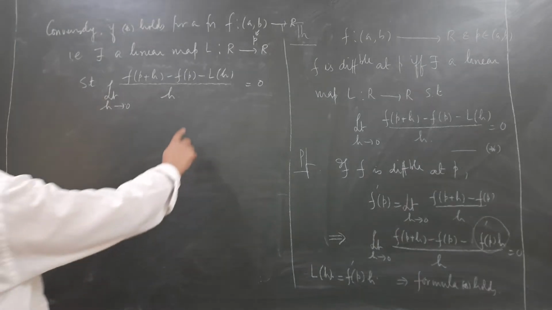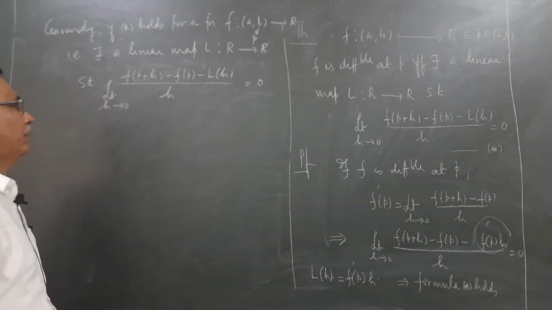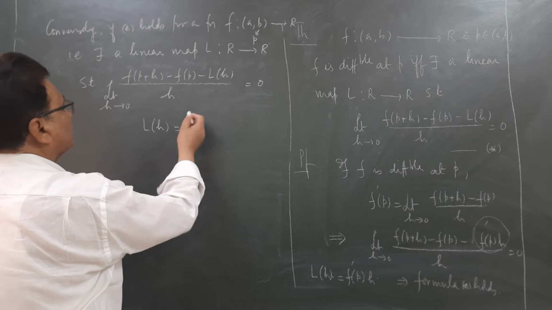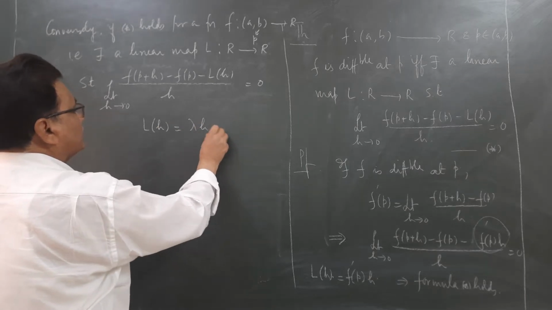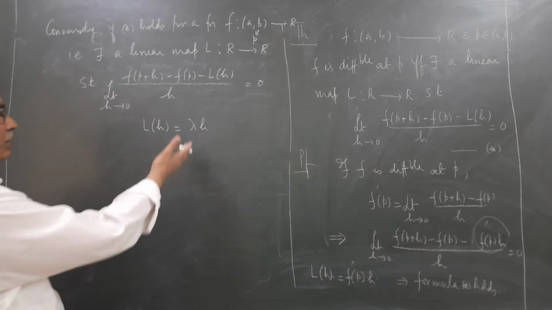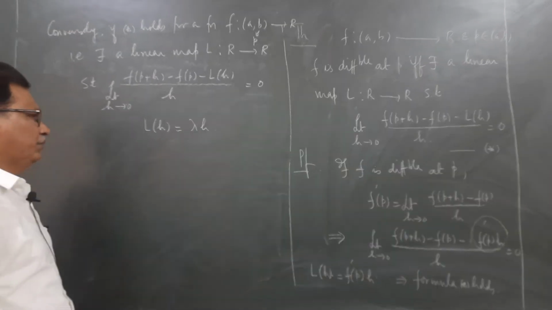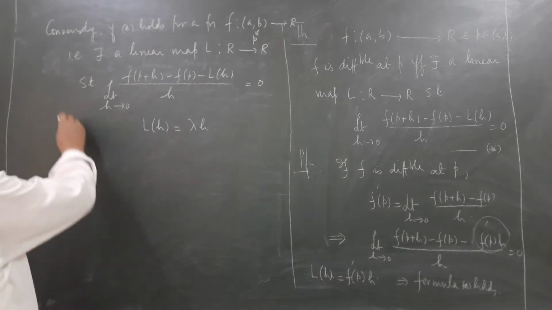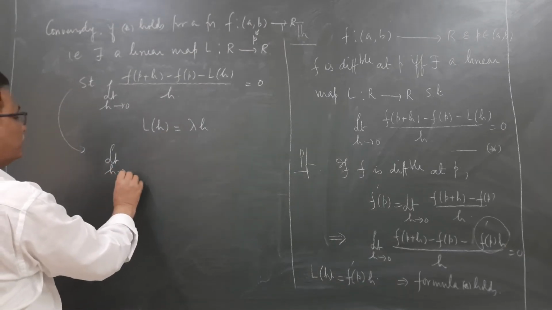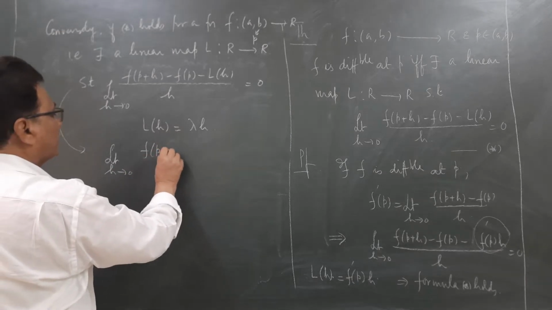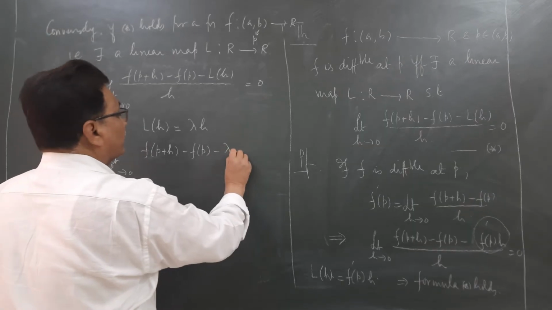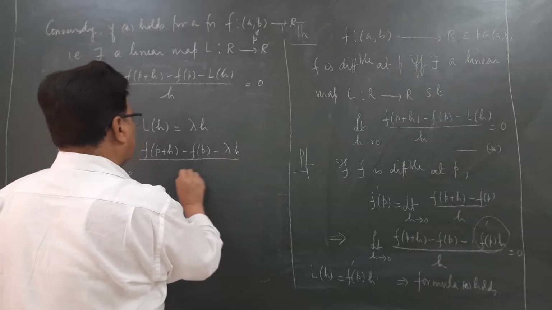Now, since I am assuming that L is a linear map, L must be given by some scalar lambda times h. As we notice, all linear maps from R to R should be written like this, with lambda being a scalar. So, I can rewrite this as limit h tends to 0, (f(p+h) - f(p) - lambda times h) upon h.